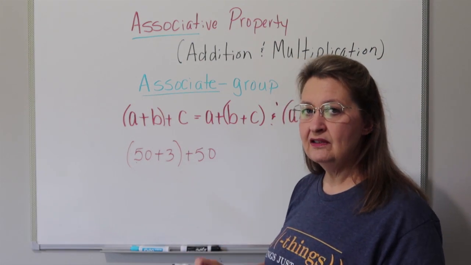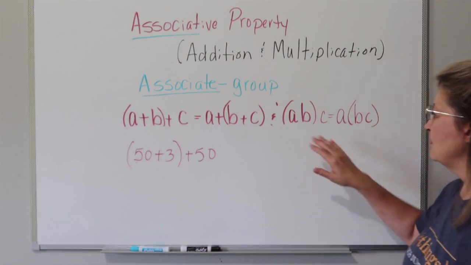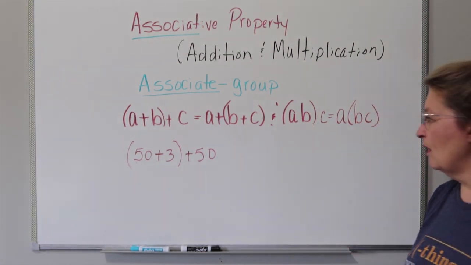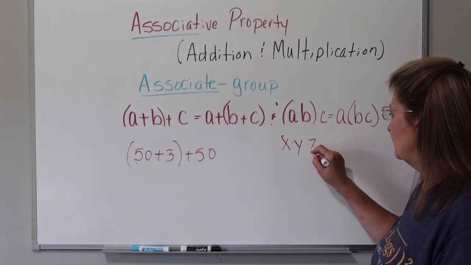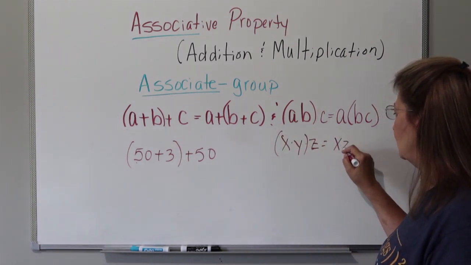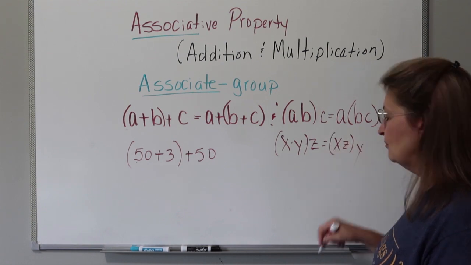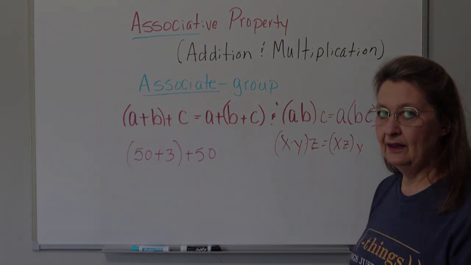You can reassociate as long as all of your terms are added or as long as all of your terms are multiplied. If I've got x times y times z with the x and y grouped, I can regroup that and put x times z times y. As long as everything's multiplied, it all comes out in the end.